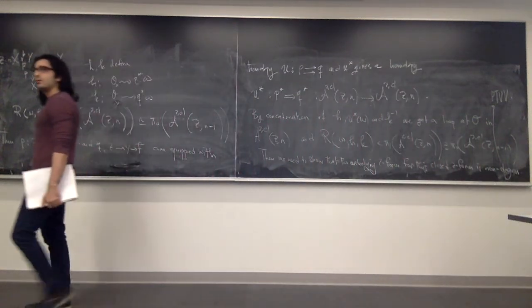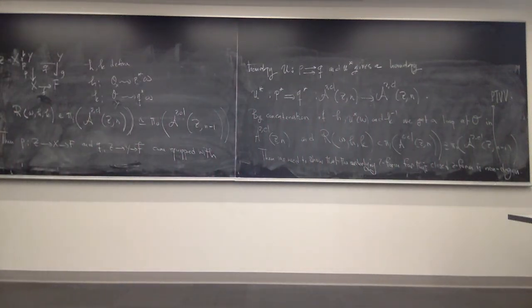Sorry, what is the path? In the path space, the morphism. A path is a morphism from what to what? Up to homotopy, from the pullback of omega to 0. I mean, a path in the space of forms, or what is a path?